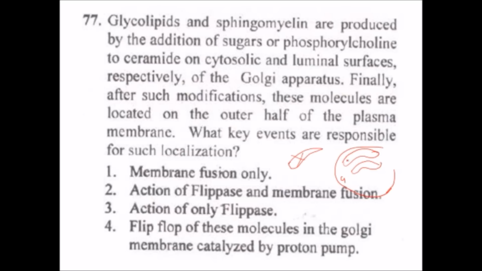It's the cytosolic side and it is the luminal side. When any modification is on the cytosolic side, what will happen? It will bud out from here, and in the form of a vesicle, it will fuse with the plasma membrane. But when it is on the cytosolic side, it will always remain on the cytosolic side.